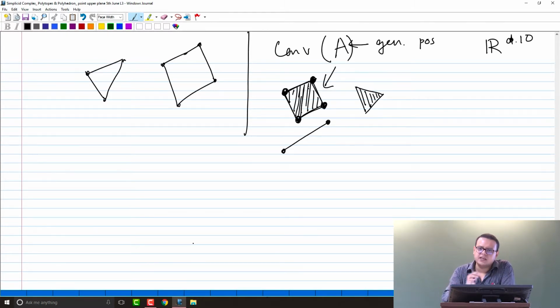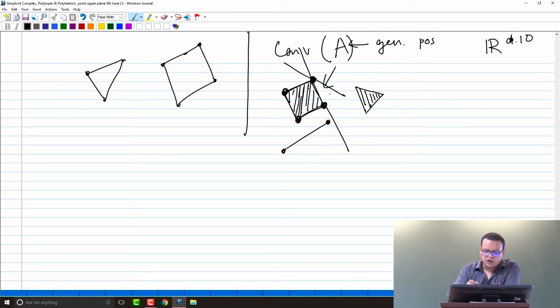Because in R 2 you have to intersect this object with the supporting hyperplanes, which are lines. A line can support a vertex, a line can support this edge. So, as general position points, these 4 points are okay in R 2, but anything above that will not work.